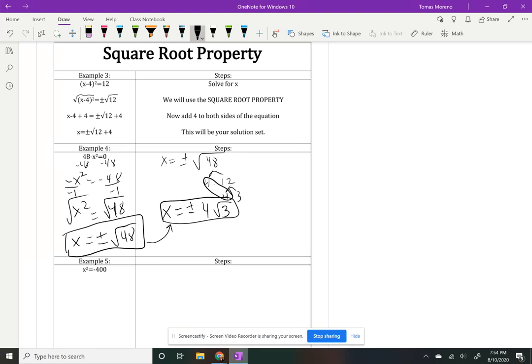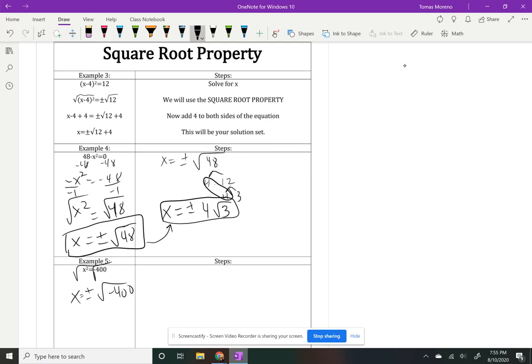Okay, so let's get over here. Right here we have x squared. Take the square root of both sides. So now we have x equals plus or minus the square root of negative 400. Now, we know what happens when there's a negative. It becomes an i.